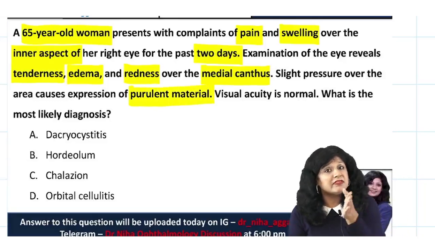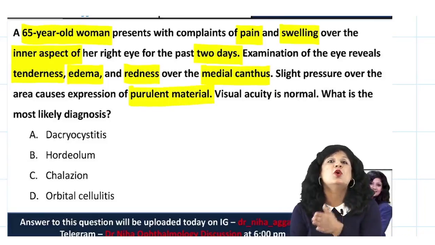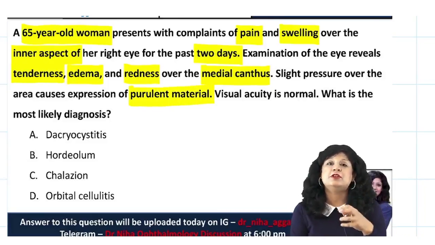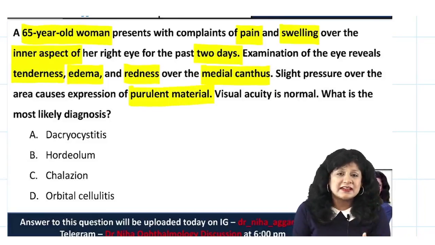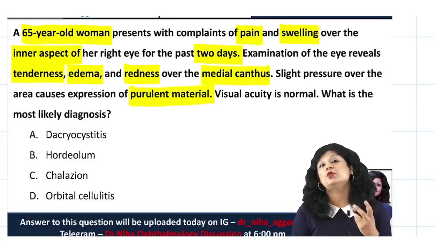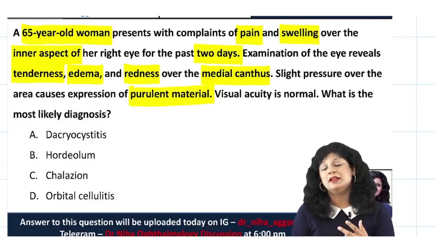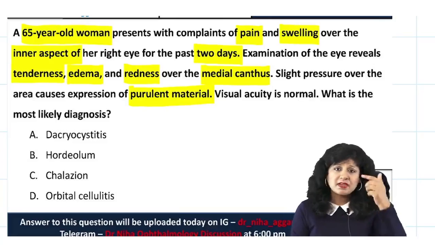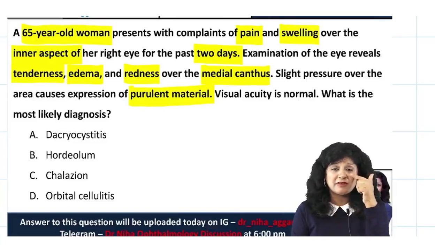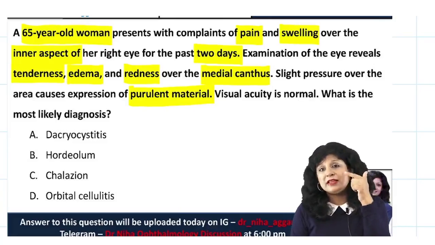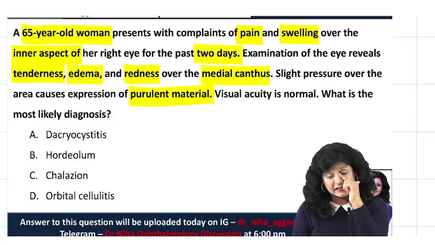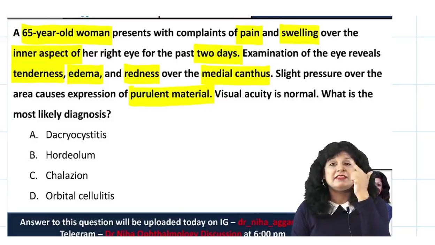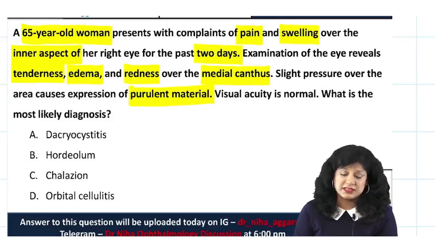See, they have confirmed this fact also, that usually when you have tenderness, you have redness, you have edema, it could be a pus forming infection. And they are saying also that when we are putting the pressure over this medial canthus area, then there is a purulent material.